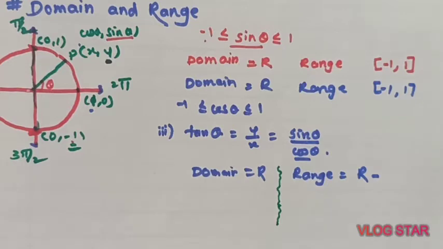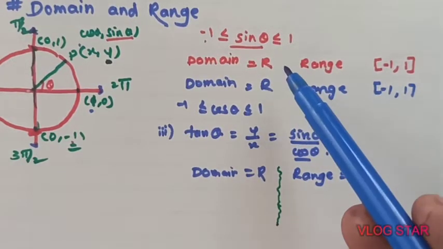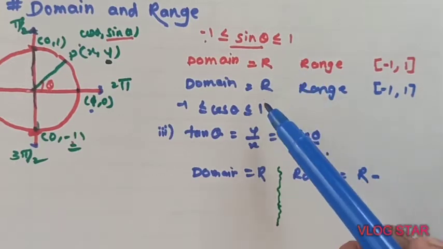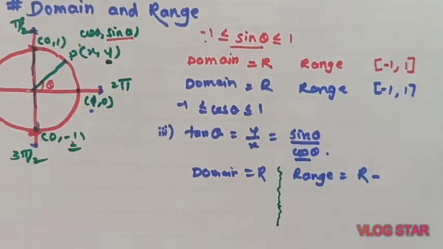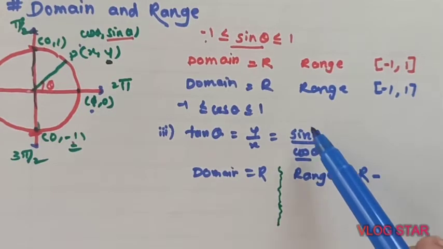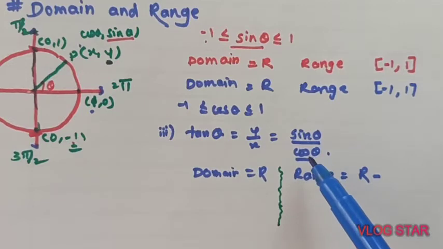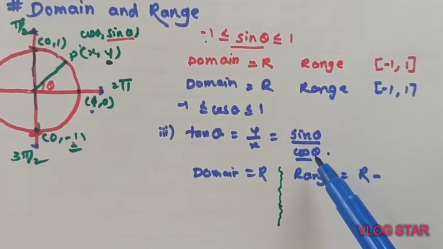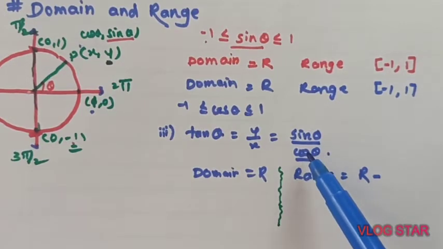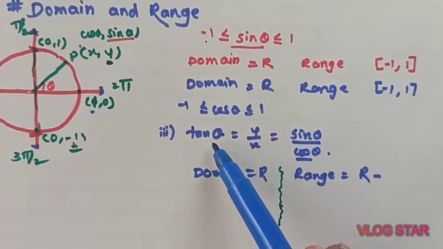We have taken the domain as R for sine and for cos, but tan is defined as sine by cos. For certain values, tan becomes not defined. A function becomes not defined when the inside of a root is negative or the denominator is 0. This function has the denominator cos theta, so whenever cos theta becomes 0, tan is not defined.